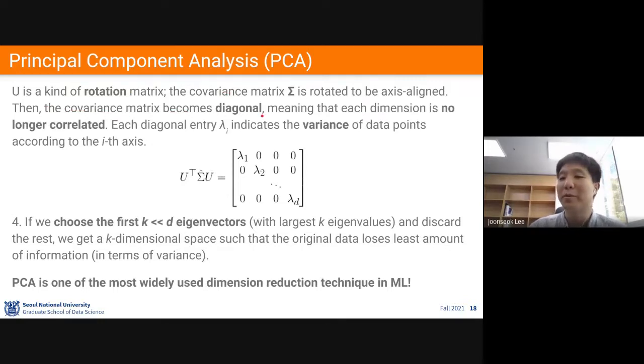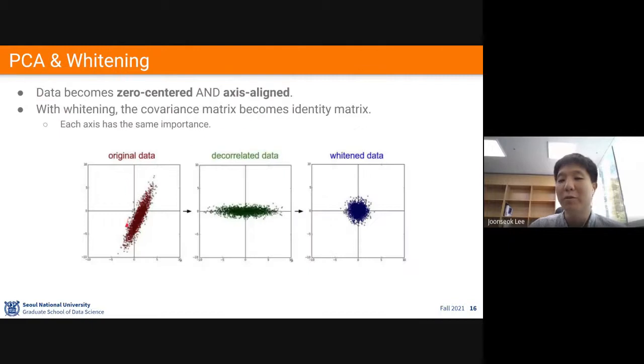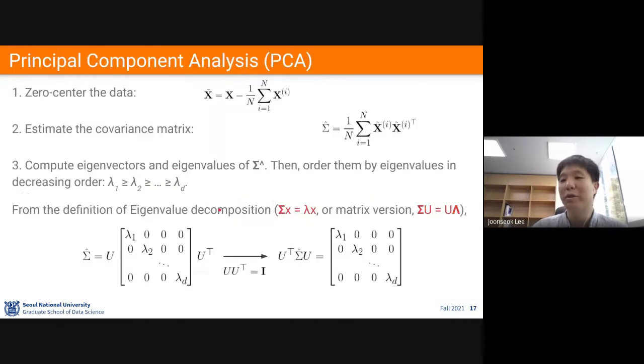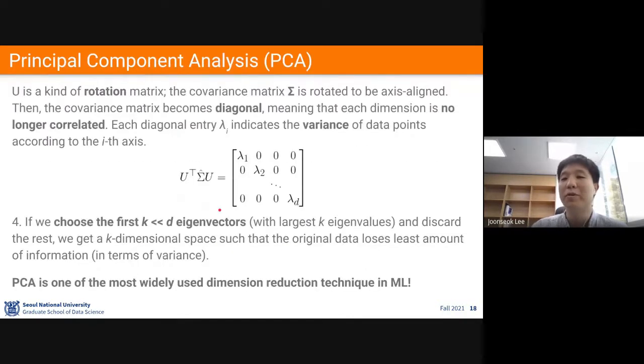This part is important. Once you rotate the coordinate system, it becomes diagonal, and the variance along each axis will be preserved, but all the others will be just 0. By definition, this lambda is the diagonal matrix like that, and we assume that these lambdas are sorted by their magnitude. So let me try my best to interpret this complex formula.